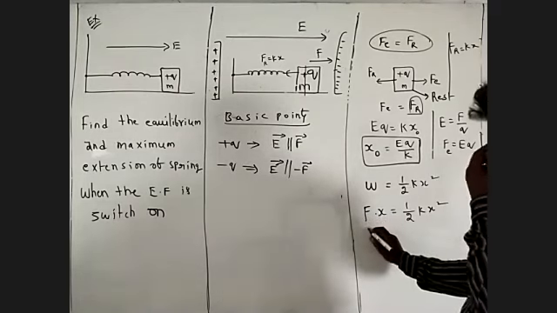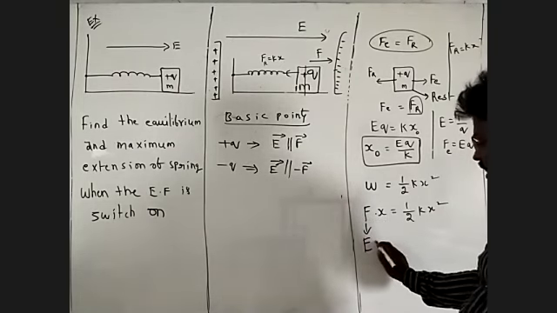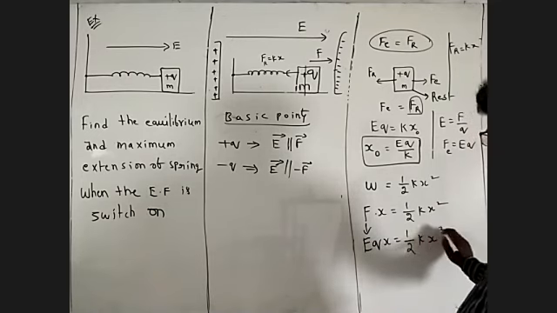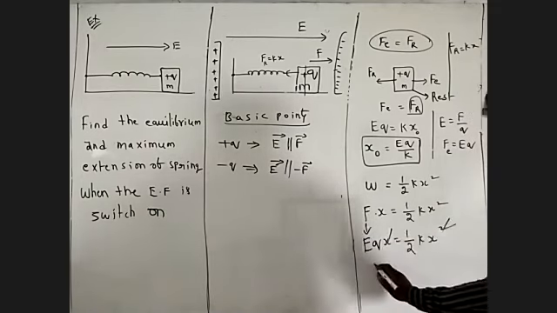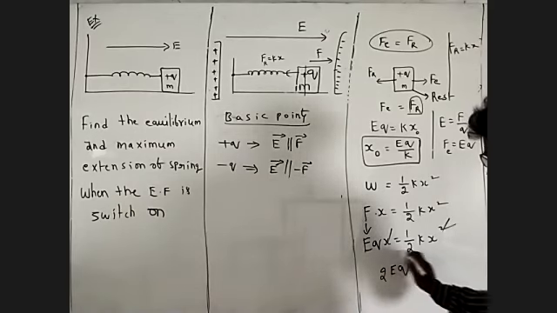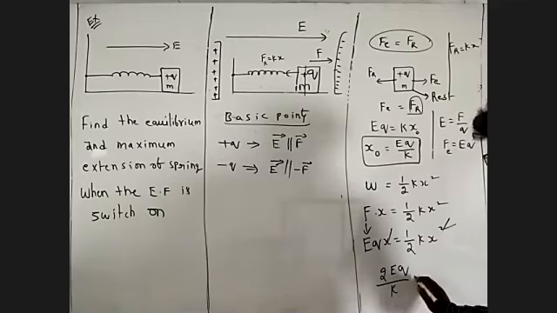Now F is EQ, so I write EQx is equal to 1 by 2 kx squared. The x cancels, so the 2 goes to this side, and x is equal to 2EQ by k.